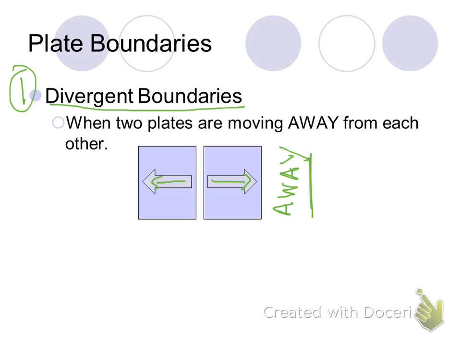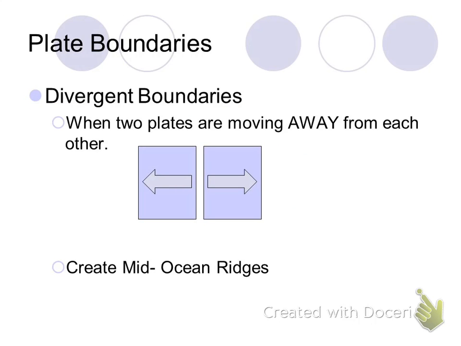So what type of landform did we create? What'd you say, Caleb? A mid-ocean ridge. So it creates a mid-ocean ridge.